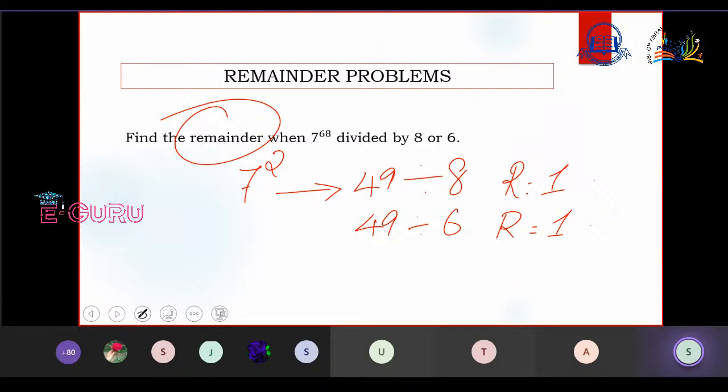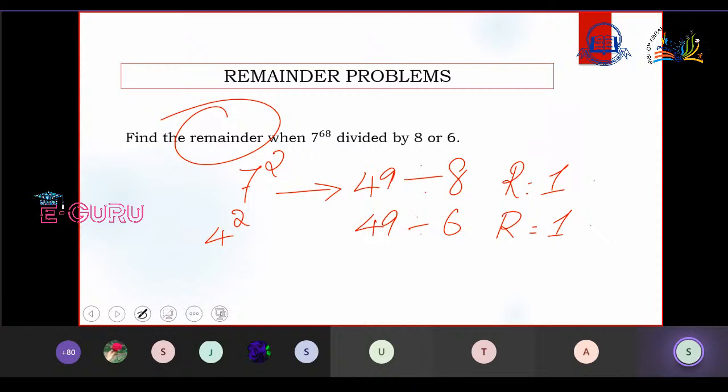So if a rule is applicable for a small power, that should be applicable to the higher number also, but we need to do some more experiments, whether this is applicable in all scenarios or not. So instead of 7, we can take another number. Let me take 4. I am taking 4 square, divided by the next number or previous number.